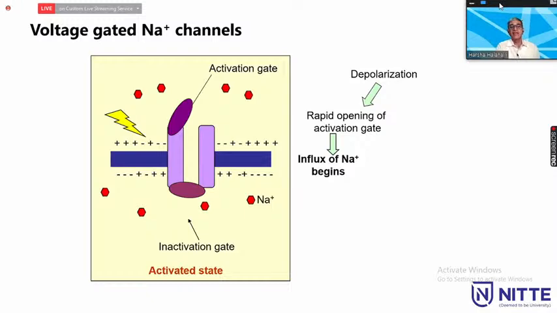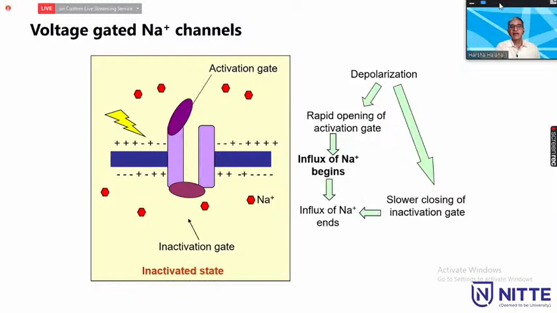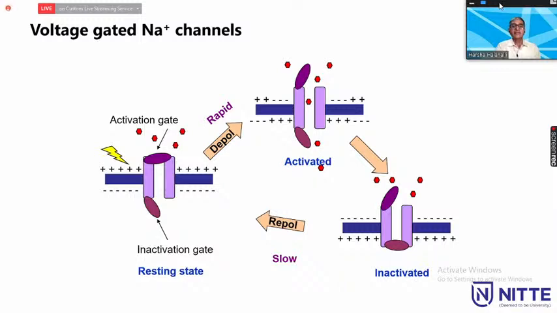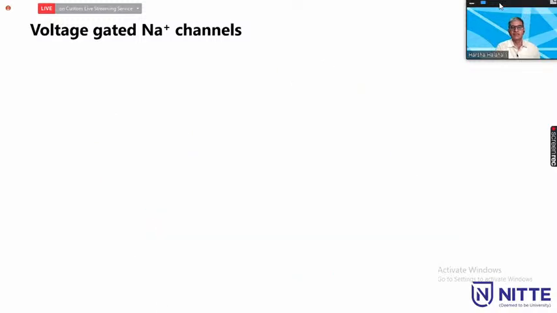Very rapidly, the inactivation gate closes, and therefore this is a very transient opening, and a little later, the activation gate slowly closes as well, returning to the resting basal state. So this cycle, which happens extremely rapidly, is responsible for the rapid depolarization and overshoot phase of the action potential.